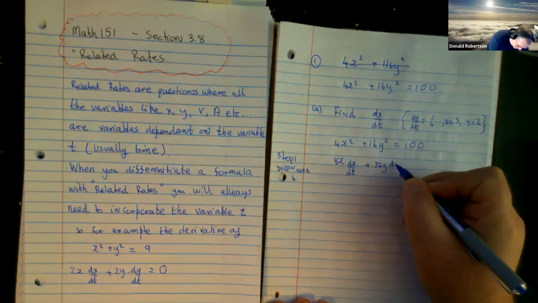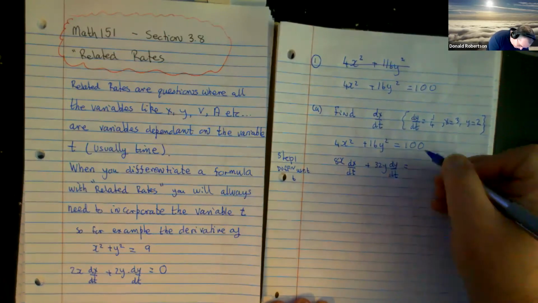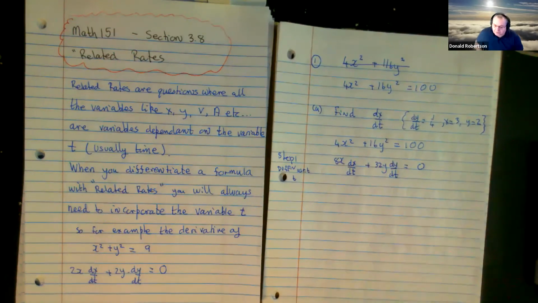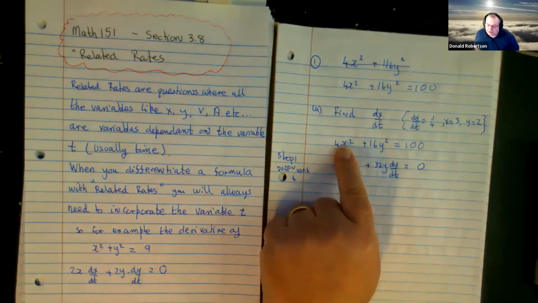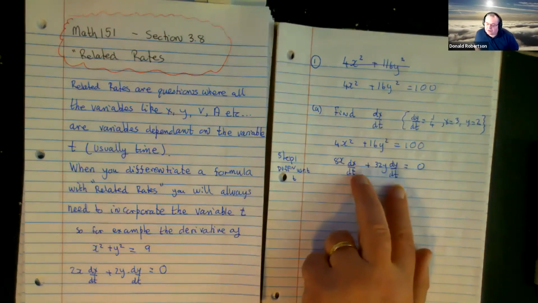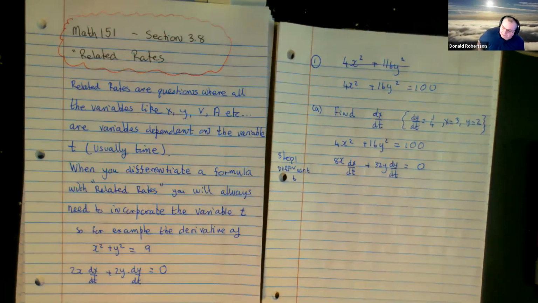And then you remember to finish with the dy by dt. And if you differentiate 100, you still get 0. Are you comfortable with what we did here? Differentiate, differentiate, differentiate. The difference is that you have a little dx by dt or a little dy by dt. So far, so good. Step 1 is differentiate.